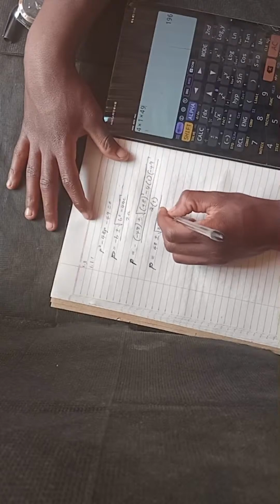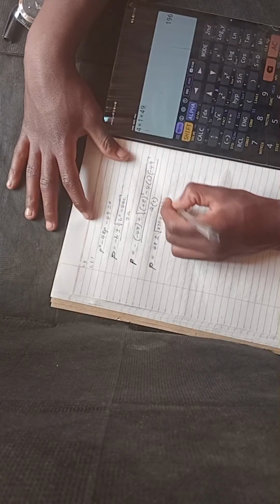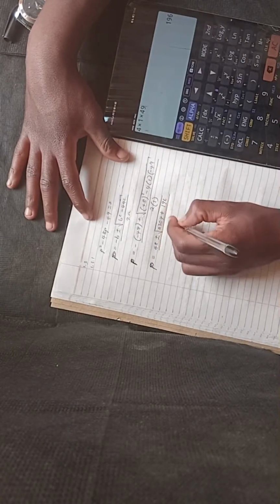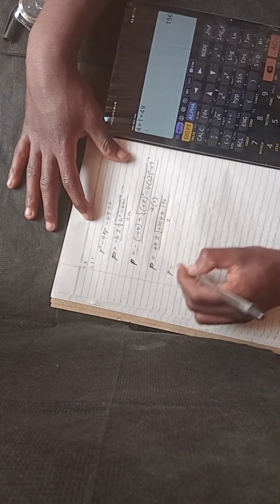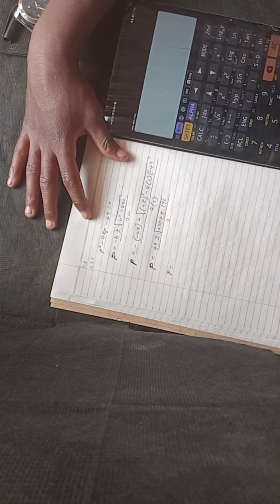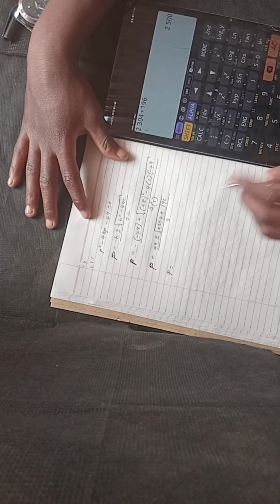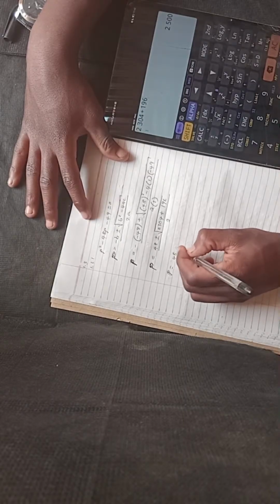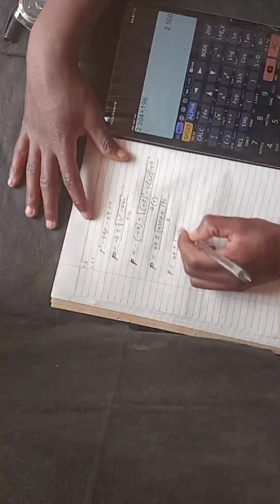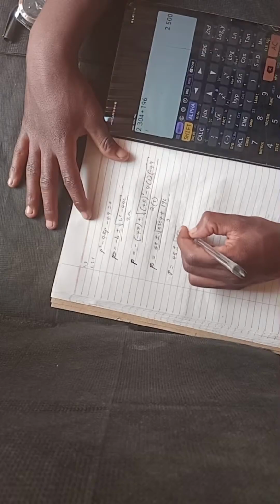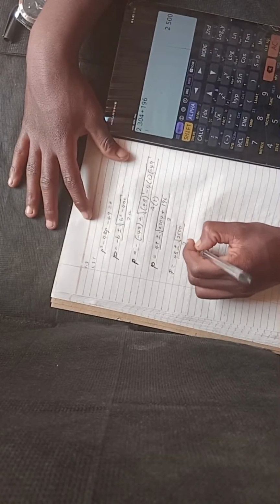This ends up being a positive, so it's 196. All of this is divided by 2. Therefore, 2304 plus 196 gives us 48 plus minus the square root of 2500, all divided by 2.